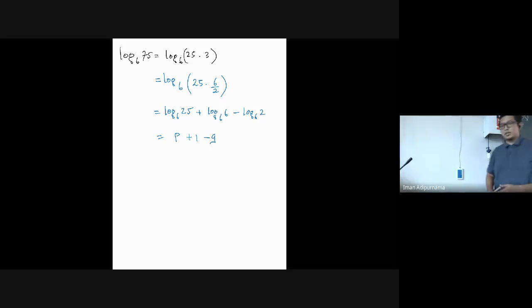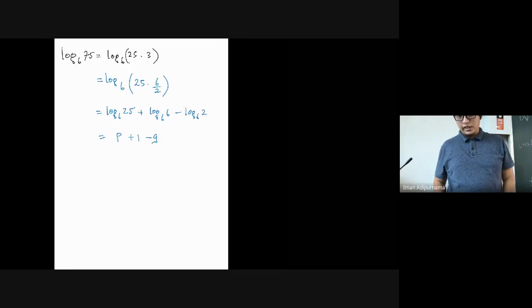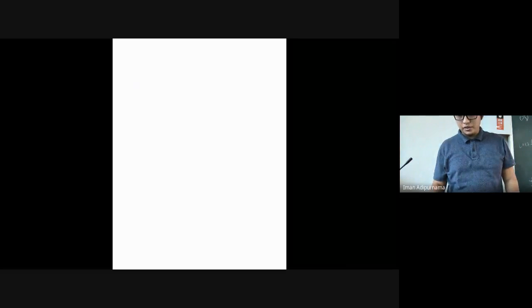Okay. Another example, let me give you a little bit more difficult one than all the previous ones and see if you can solve this. Let's have the log with the base of 3, and then inside is another log with the base of 3.